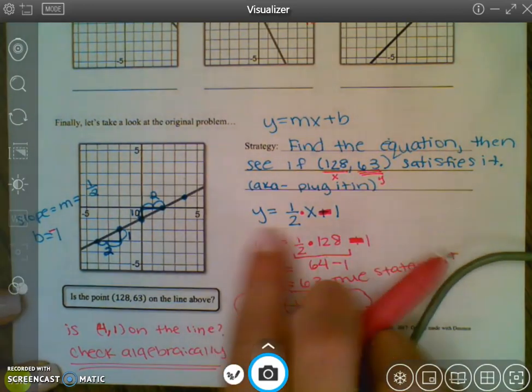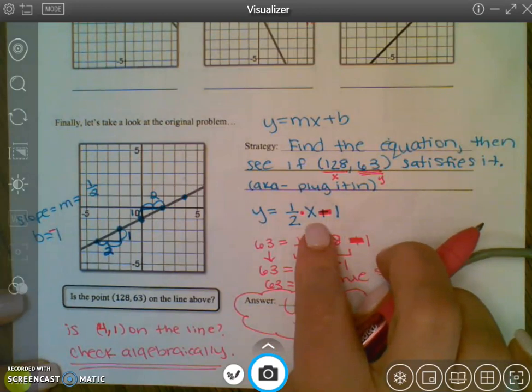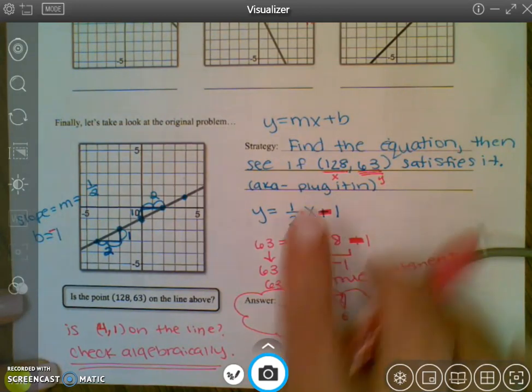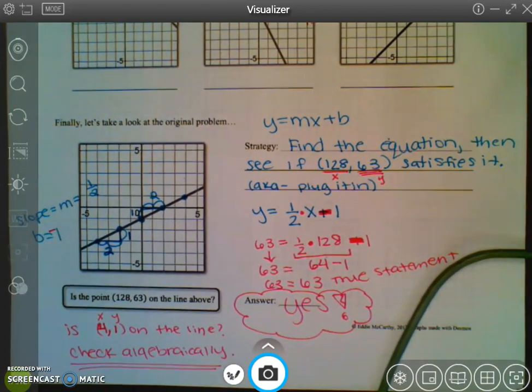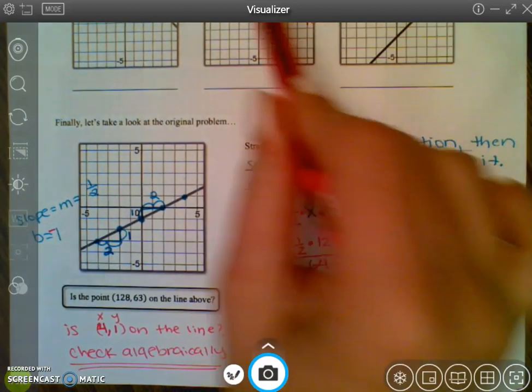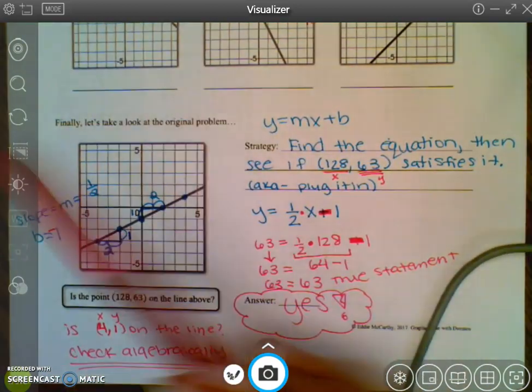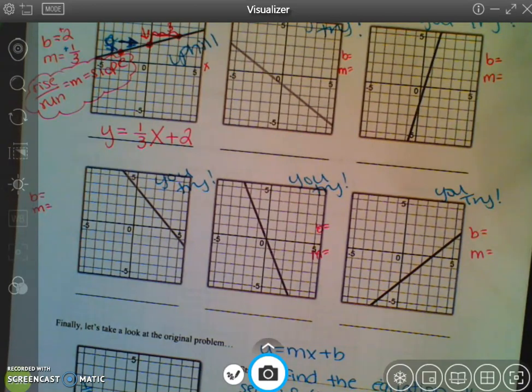So you're using this equation. Remember, it's supposed to be minus. I messed up. I need more coffee. It's supposed to be minus. And you're plugging this in, x, y. So your homework is to check algebraically if (4, 1) is on the graph, and to also do these problems above. There are 5 problems above because I did that first one. So you're doing these up here. Good luck, and if you need me, email me.